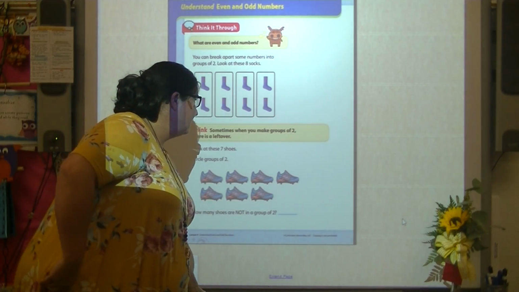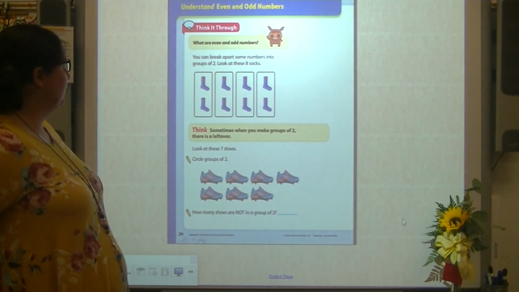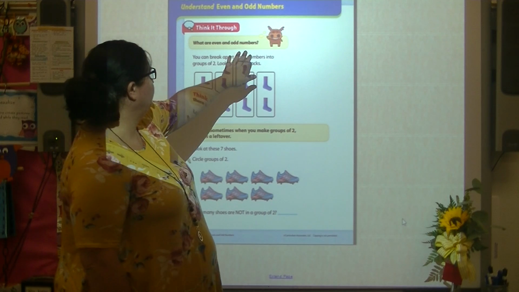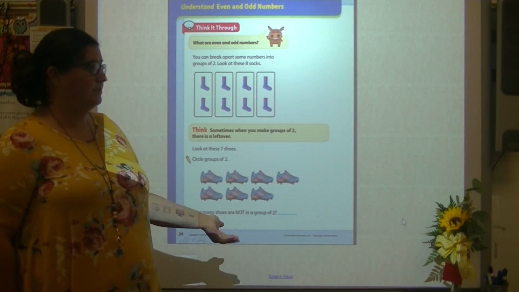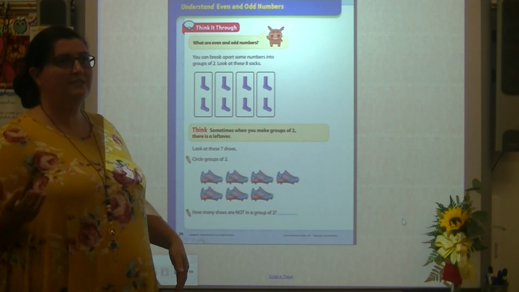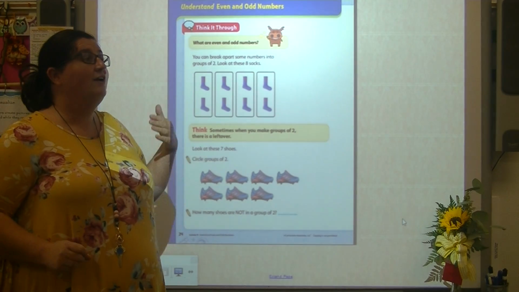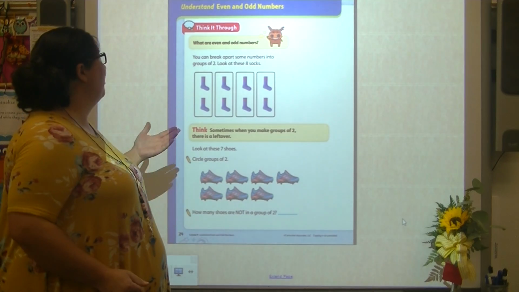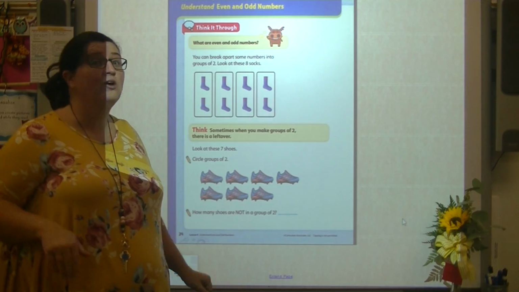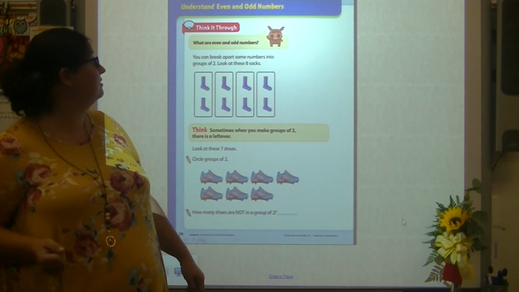So, let's look at our paper. Herschel is thinking it through. He said, what are even and odd numbers? Well, just like in phonics, you have consonants and vowels, numbers are either even or odd numbers.